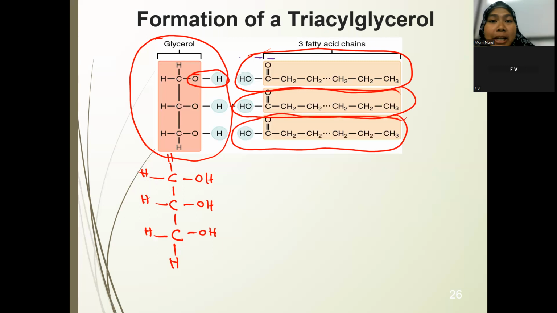Yang ini. C double bond OH. Nampak tak? So this is the carboxyl group. Ada berapa carboxyl group? 3 lah. Sebab ada 3 fatty acid. Okay. So fatty acid have carboxyl group and hydrocarbon. Mana hydrocarbon? Yang ni lah. CH2, CH2, CH2, CH2, CH3. Ni semua adalah hydrocarbon.